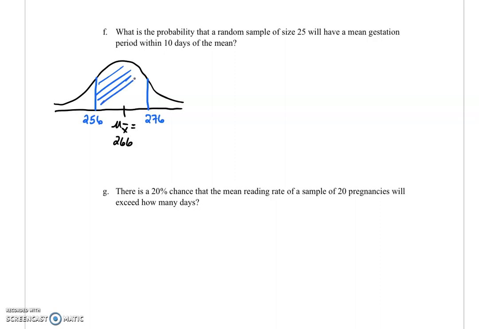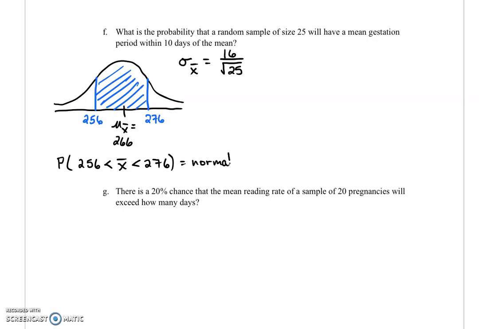So we need to find the probability of the sample mean being between those two numbers. And remember, our standard error is the standard deviation of the population divided by the square root of the sample size. So that means the probability that the sample mean is between 256 and 276 is our normal CDF.